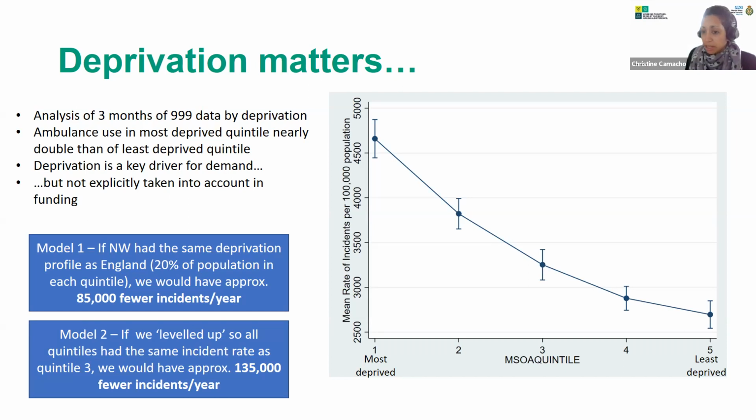And if we were able to level up, so you'll hear the government talking a lot about levelling up, what that means in practice I'm not quite sure, but if we were able to do that across our whole population, and have the same rate of incidence that we do in quintile 3, that middle quintile, we'd have 135,000 fewer incidents in a year. So deprivation is really important. Next slide, please, Andy.